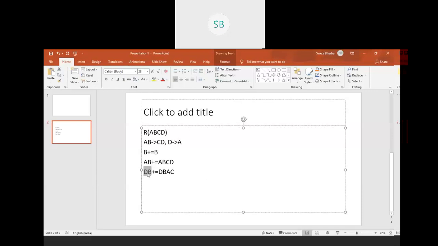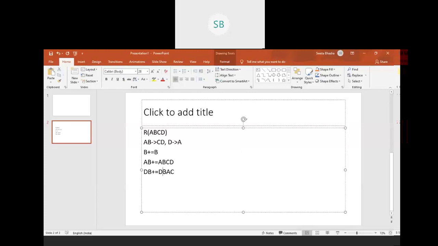Then we see DB, according to the reflexive property, DB will determine itself. Then from D we can determine A. So A came here, and BA or AB is the same thing, right?